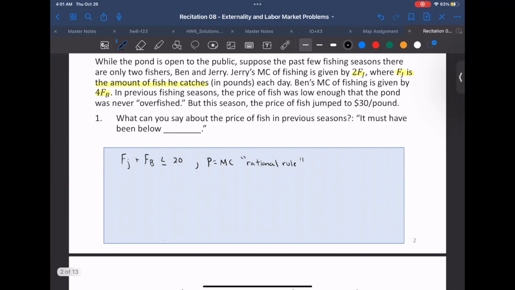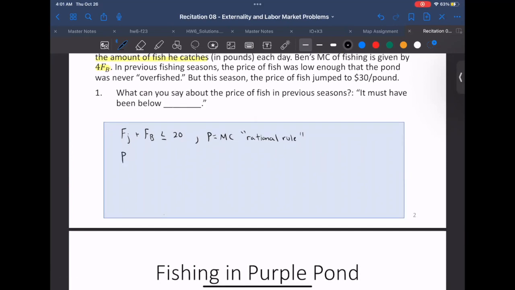So we're going to set P, which is the price that they can sell the fish, equal to 2FJ, and we're also going to set that equal to 4FB. All we're doing is setting P equal to the marginal cost of Jerry, and then equal to the marginal cost of Ben.